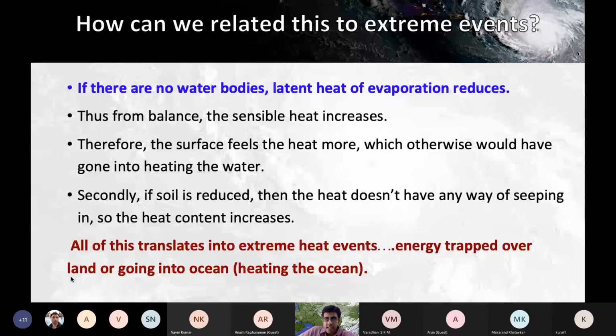So the role of the ocean is very, very important, which we are unable to embrace, or which we are unable to predict because of a lot of things. Ocean is one of the most difficult things to predict. I'll tell you why when we talk about GCMs. So MJO is there, but MJO is actually linked to your ocean.